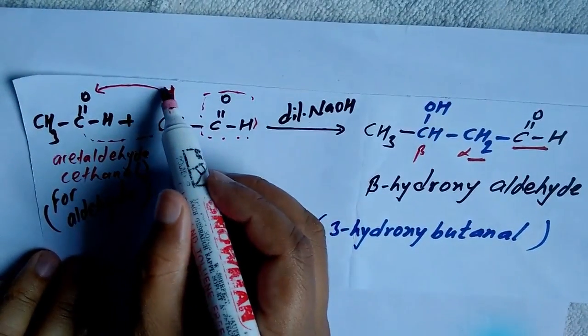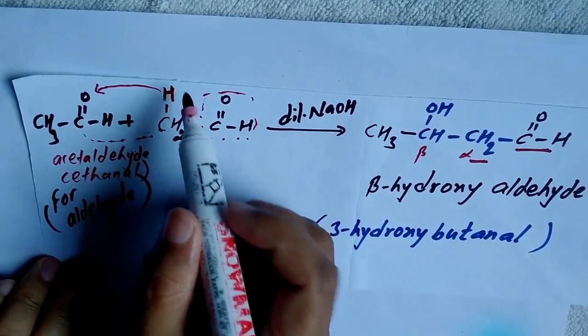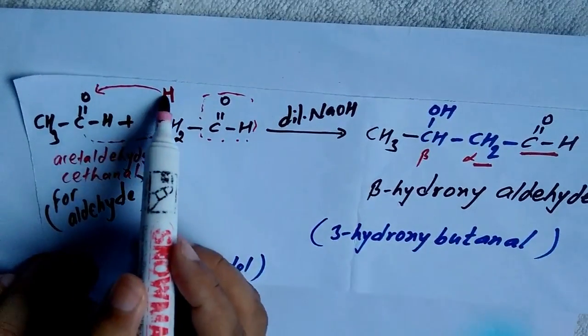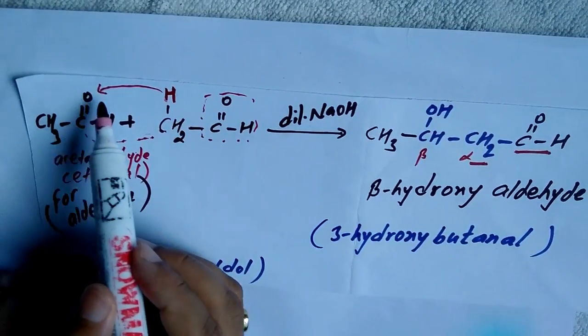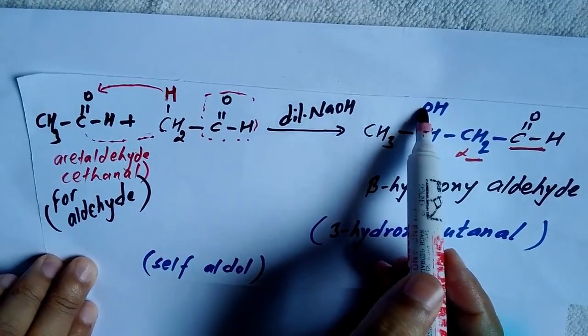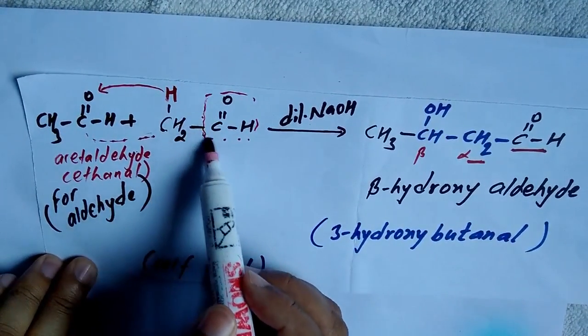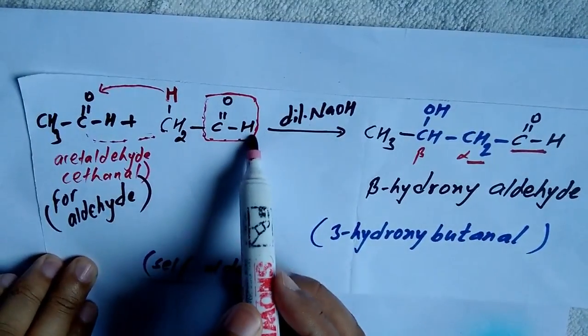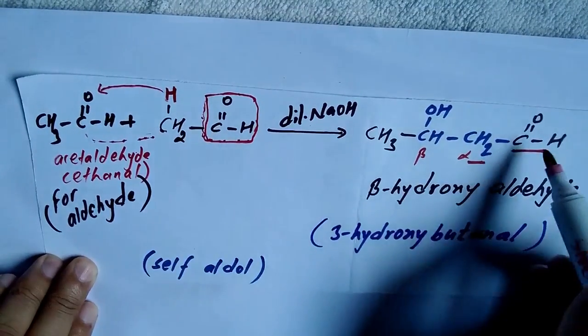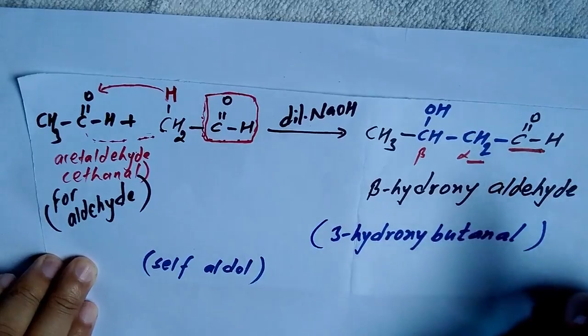This alpha hydrogen is bonded to this oxygen, and OH will be formed here. We have to write the C double bond O H functional group on the right hand side.